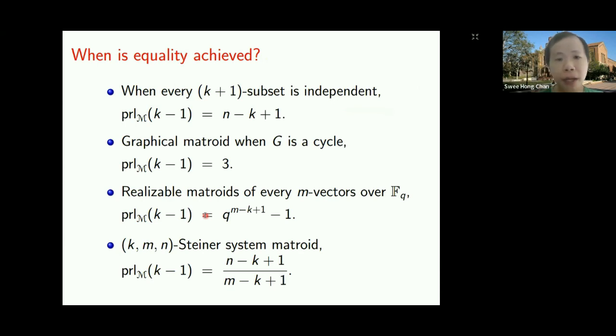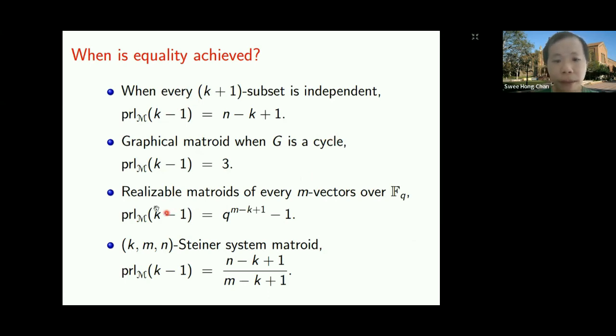So, for example, when the parallel number is the largest possible, then the equality case is the one that Mason has predicted, which is when every k plus one subset is dependent. On the other hand, when your parallel number is the smallest possible, then we also have equality cases that we have seen from our previous examples, which is for the graphical matroid when the graph G is a cycle.